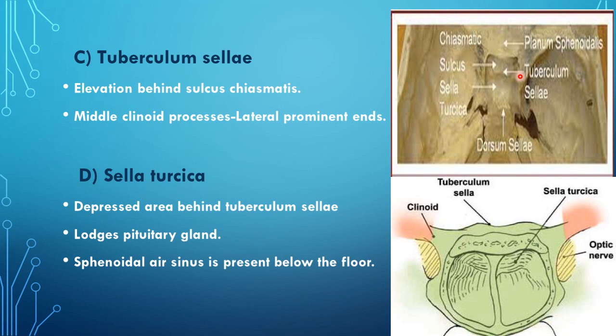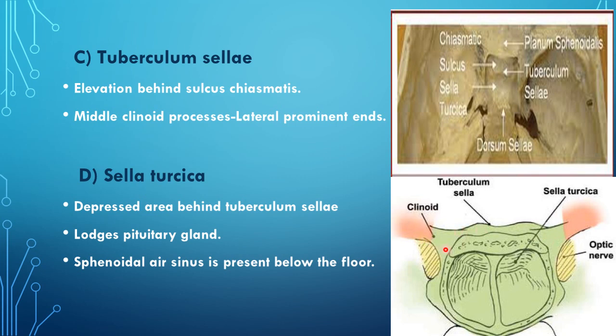This elevation behind the sulcus is called the tuberculum sellae. When you trace it laterally, towards the lateral end of the tuberculum sellae, on either side you can see a prominent end which is called the middle clinoid process. I have taken it in this diagram. This is the tuberculum sellae. When you go to either side laterally, each side has a prominent end which forms a middle clinoid process.